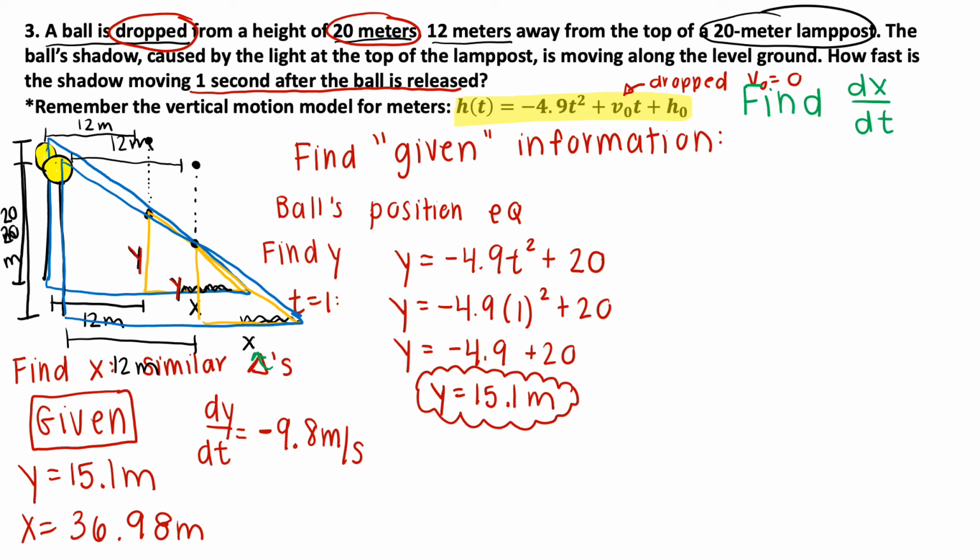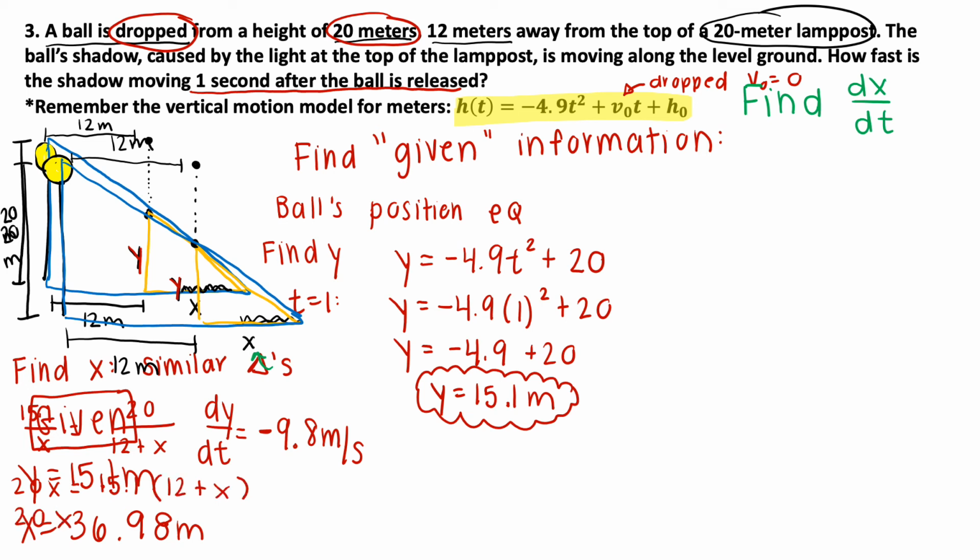So this 15.1 that I found, over x equals 20 over 12 plus x. Cross multiplying, we get 20x equals 15.1 times 12 plus x.